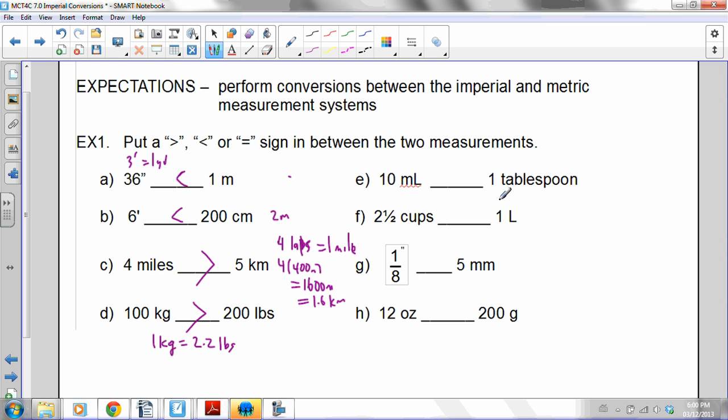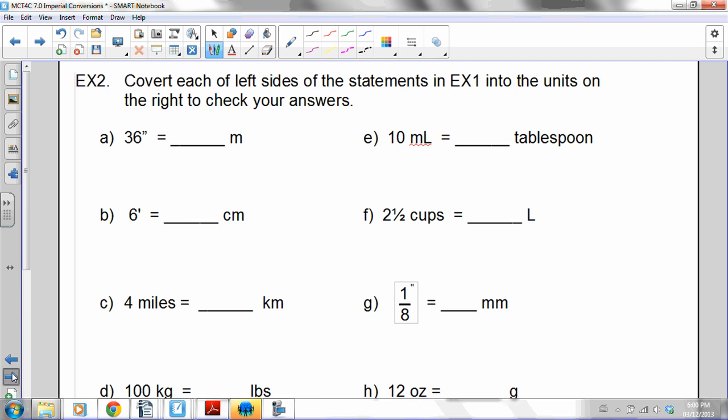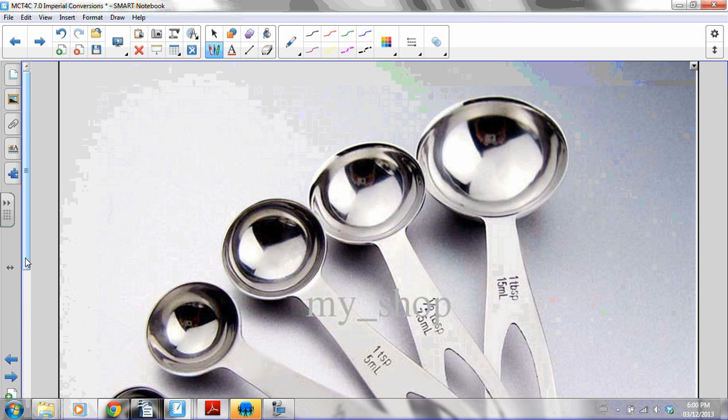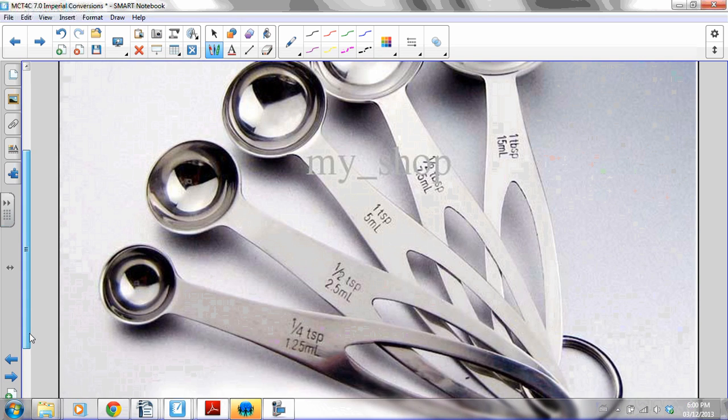10 milliliters and tablespoons. Well, if you're not in cooking class, you might not be familiar with this. A tablespoon is like that big soup spoon, right? But how would you know what 10 milliliters is? Is it more than a tablespoon? Well, if you can't remember, go to the kitchen and look.